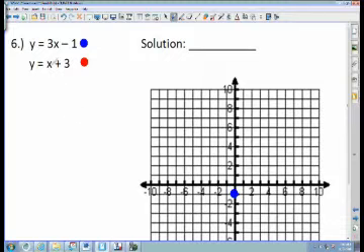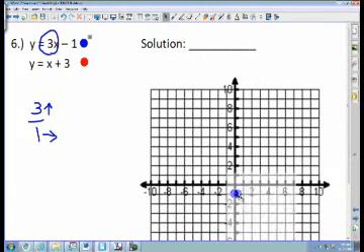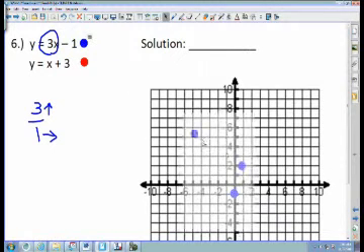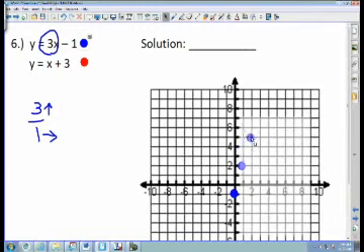What's the slope in this problem? 3. Well, how does that tell me to move? Up 3. Now don't just say over. It's got to go to the right. So I'm going to grab my dot here. I'm going to go up 1, 2, 3 to the right 1.